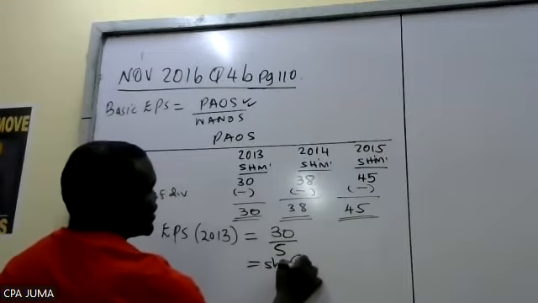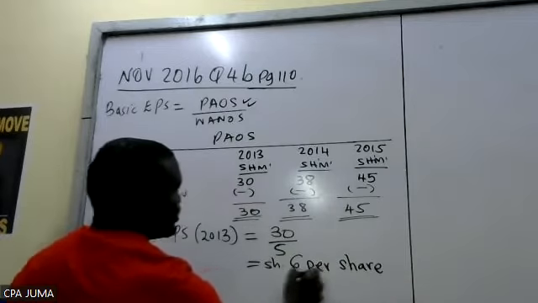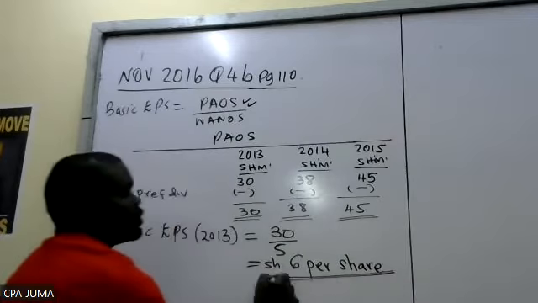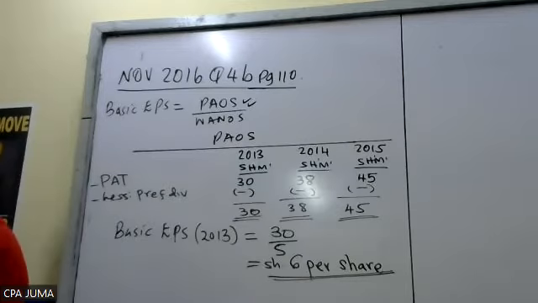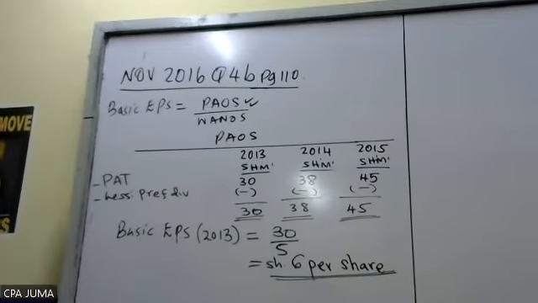You get shillings 6 per share. There were no shares before, as they mentioned, so that is it. Then let's go to 2014.